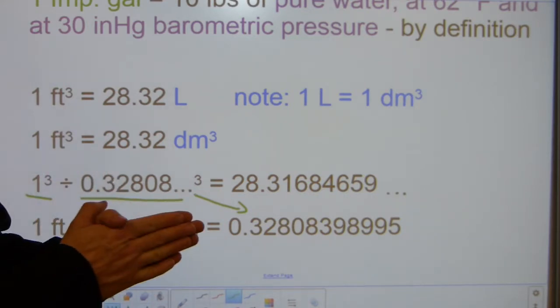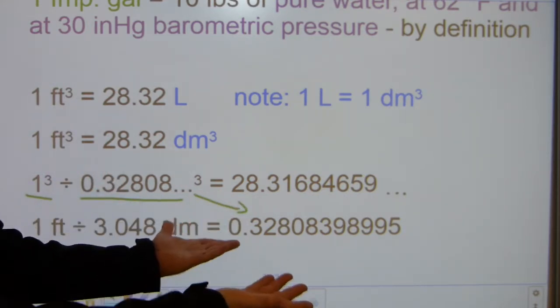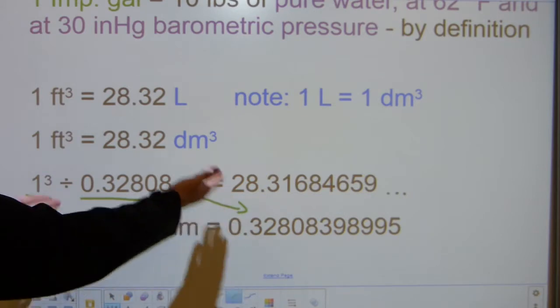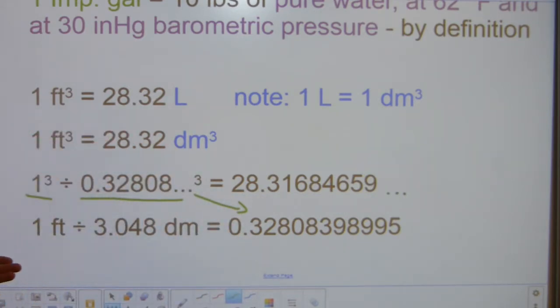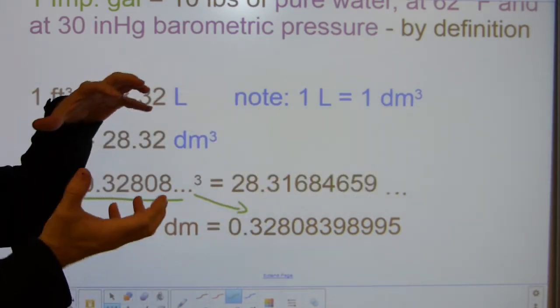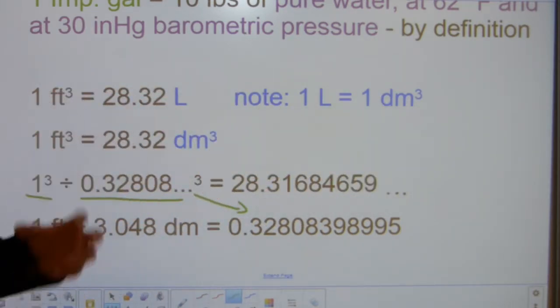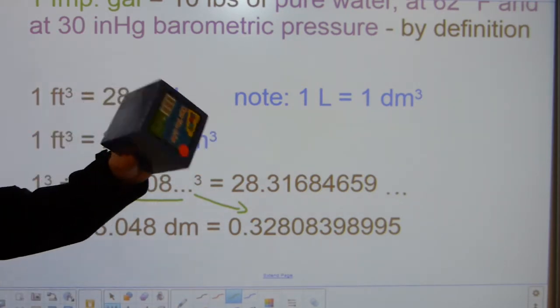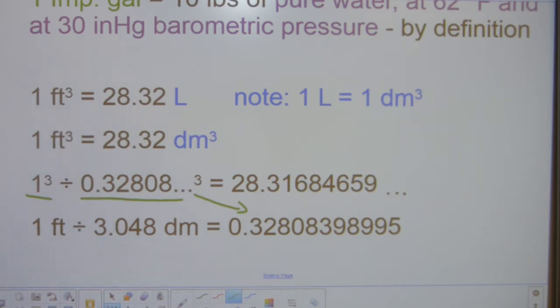That's because decimeters and feet are not whole number multiples of each other. Hence your infinite decimal number. So that's what this number means, and this is how they all combine together, meaning if a cubic foot of space is divided into cubic decimeters, you will get 28 of these smaller spaces plus change, a little bit of gap. So that's what this conversion factor means, and this is where it comes from.